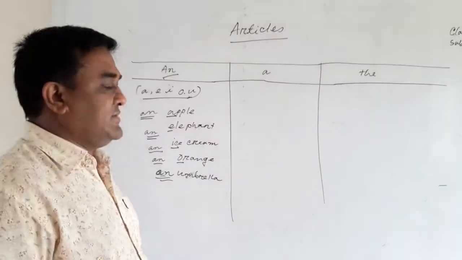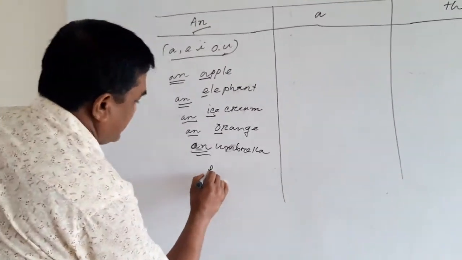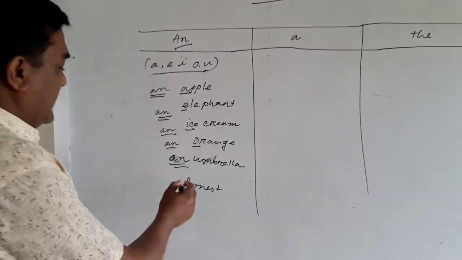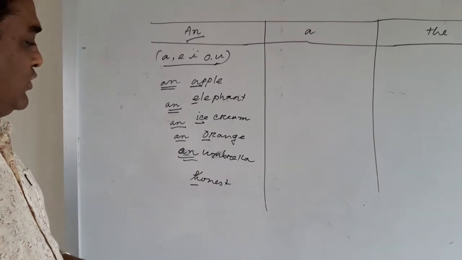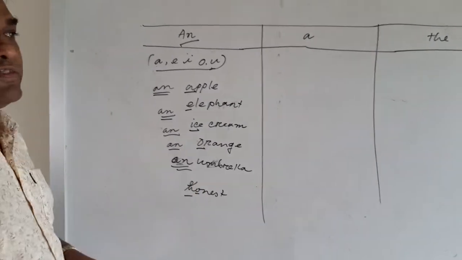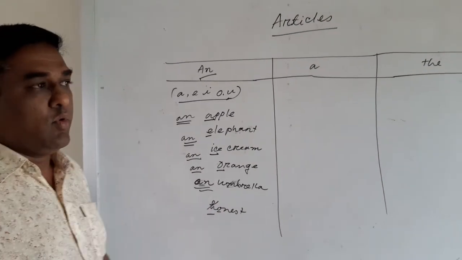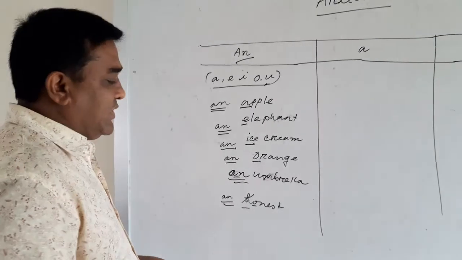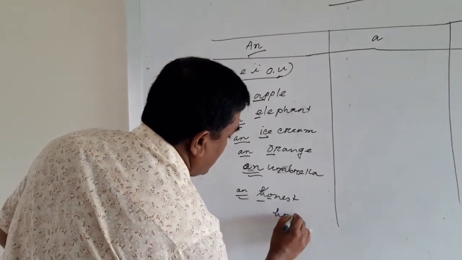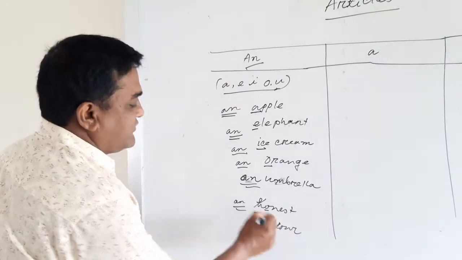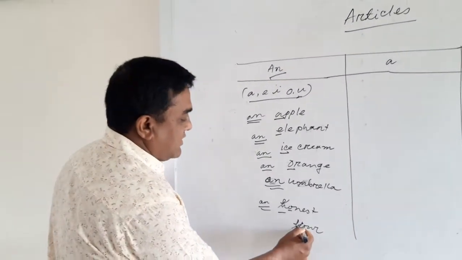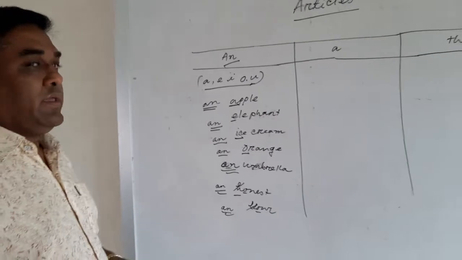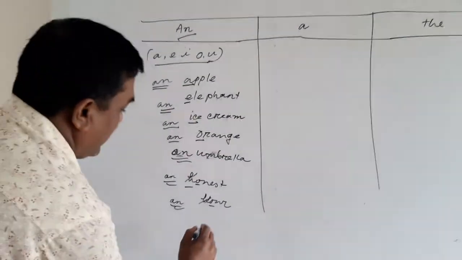There are some other things. Suppose honest begins with a consonant, but here H is silent, so we pronounce the word from the vowel sound, honest, so it also takes N. Similar word hour, here H is also silent and it begins with O sound, so it takes N. We use some abbreviation such as MA.